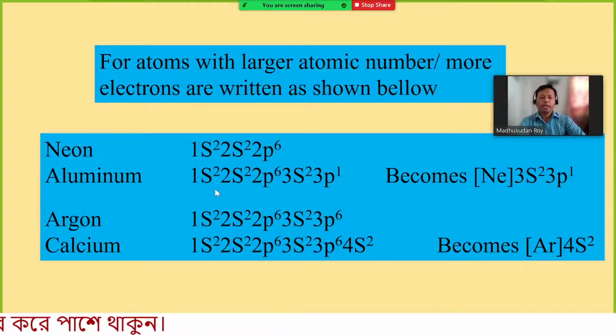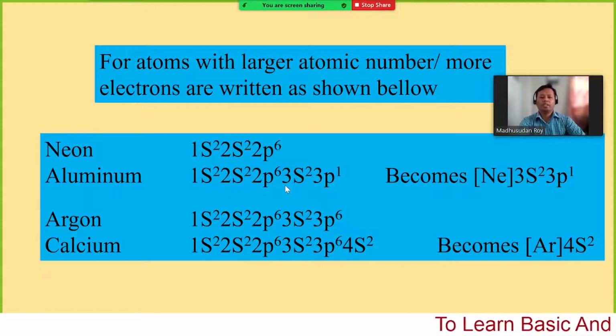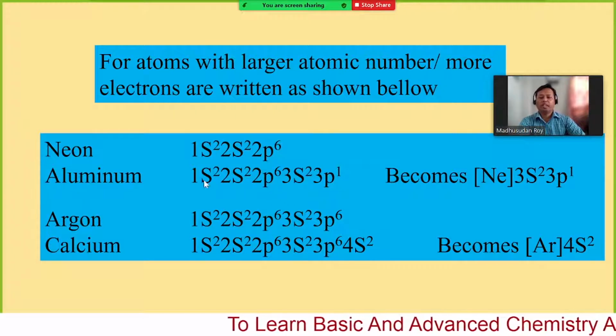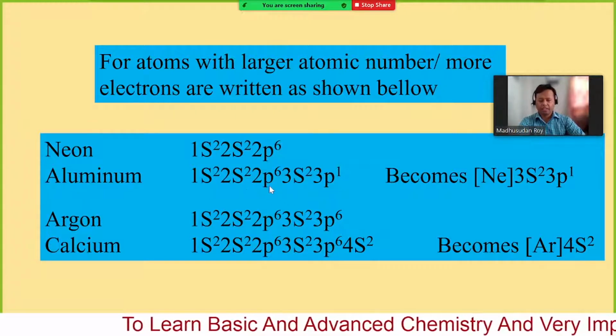And for aluminium, the atomic number is 13, so it has 13 electrons. If you write down the electronic configuration of aluminium in this sequence, 1s2, 2s2, 2p6, 3s2 and 3p1, because in the third shell there will be only 3 electrons, in the first shell 2 and second shell 8.